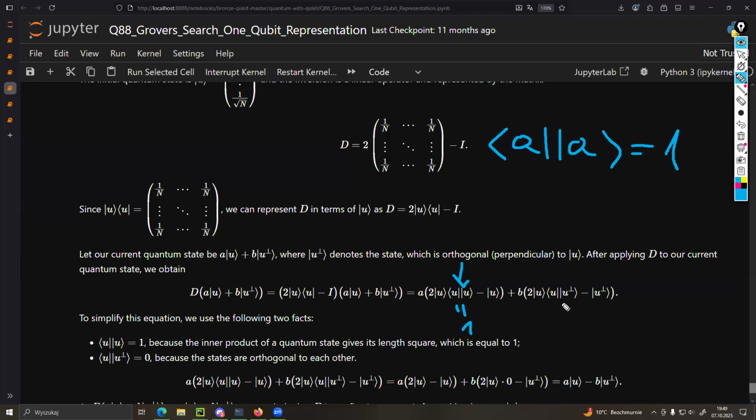This is the perpendicular vector, so it will be a 0, because there is no vector component for those 2 vectors that is in the same place.